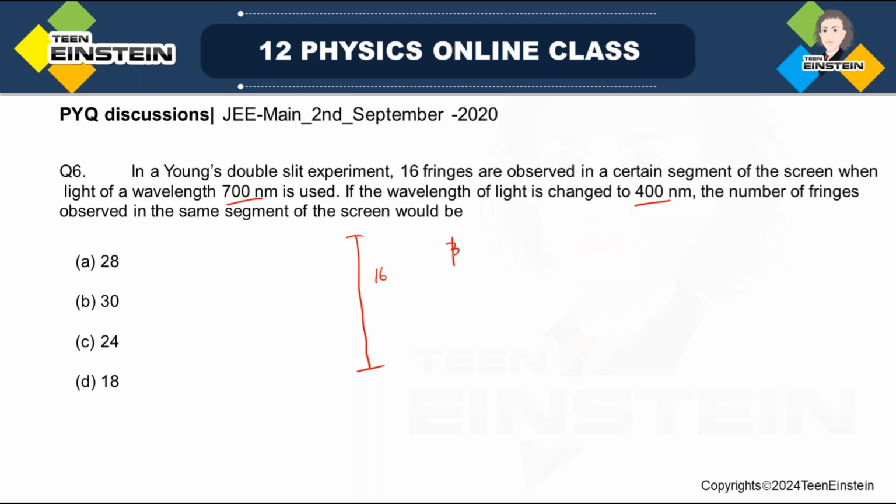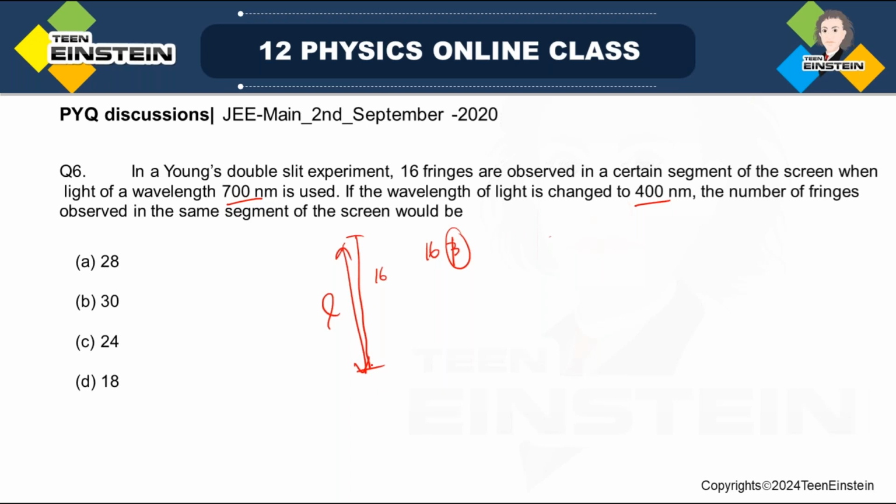If I know the fringe width, then multiply 16. So that will give you the length or width of this region. If you know the fringe width, then multiply 16. That means the length is actually proportional to the fringe width.